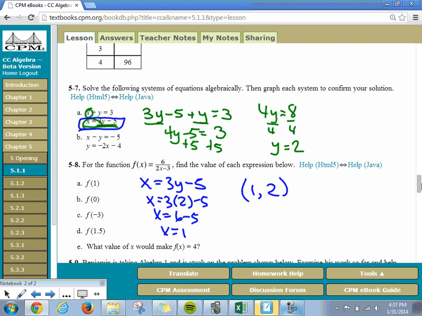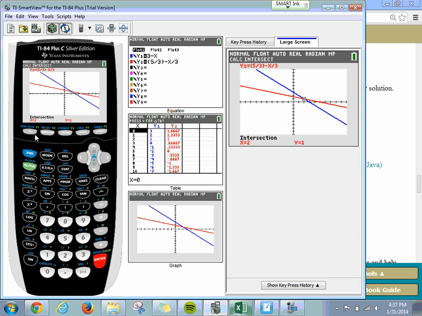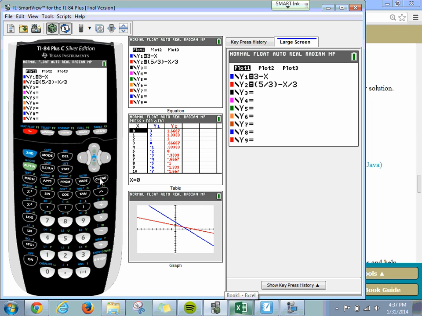Now you can graph it by hand or on your graphing calculator. But in either case, what you're going to need to do is get your equations so that they're both solved for y. So when we go into our calculator, we need to make sure that these equations are solved for y. That first one we'll have to rewrite so that y is equal to 3 minus x.